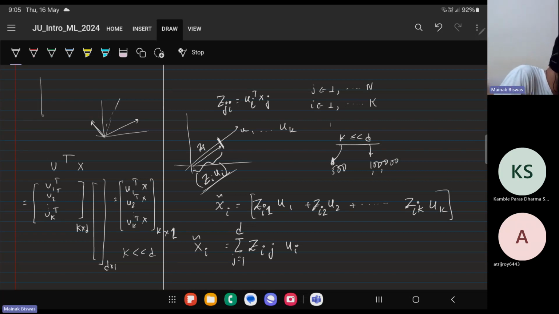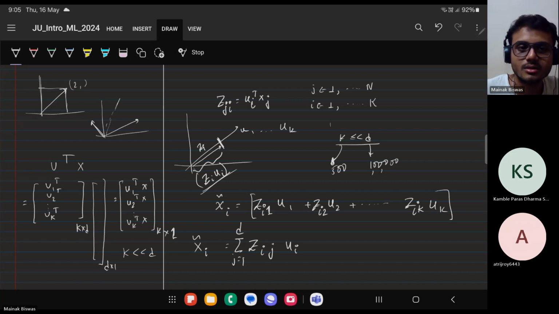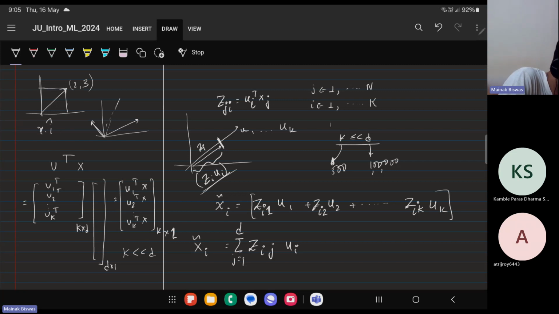For example, if I have a two-dimensional vector, 2, 3, you do X times the i-hat to get the ith dimension, and you add Y times the j-hat, right? To get X back.